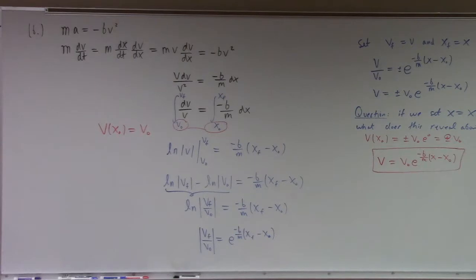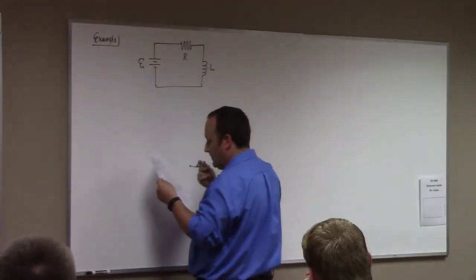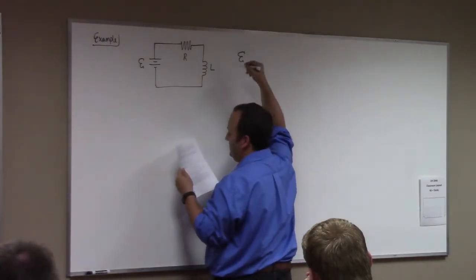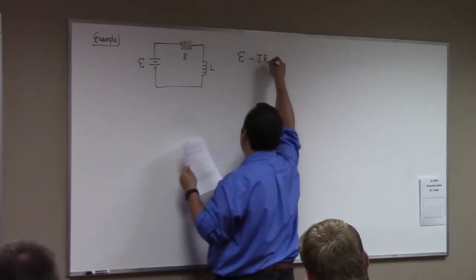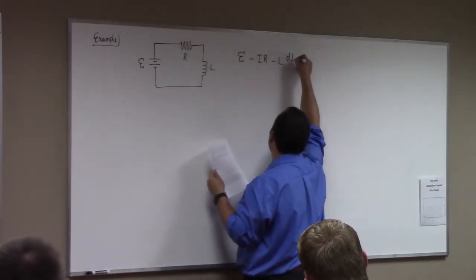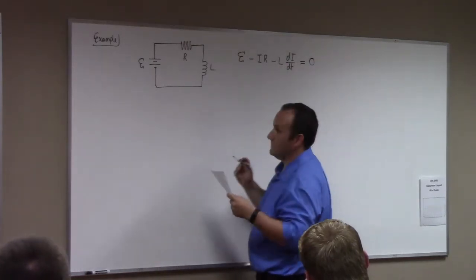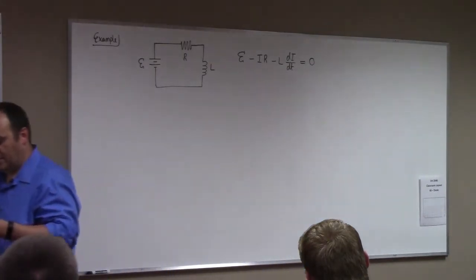Suppose you have a battery, a voltage source with voltage E, and you've got a resistor R, and you've got an inductor with inductance L. Then Kirchhoff's voltage law says that the voltage source minus I times R minus L di/dt is equal to 0. So that's Kirchhoff's voltage law.